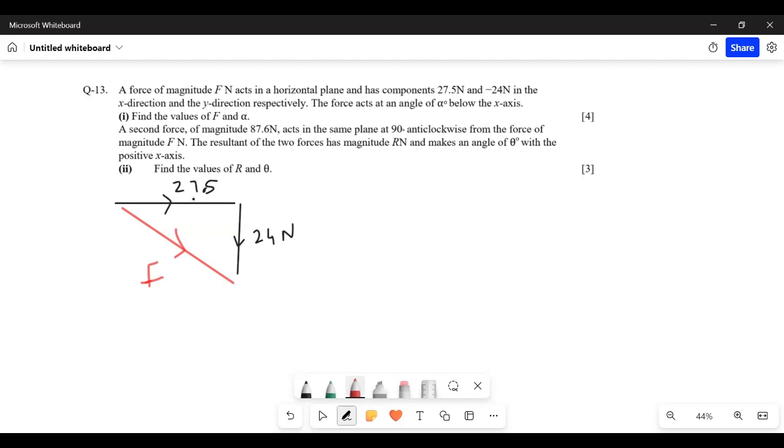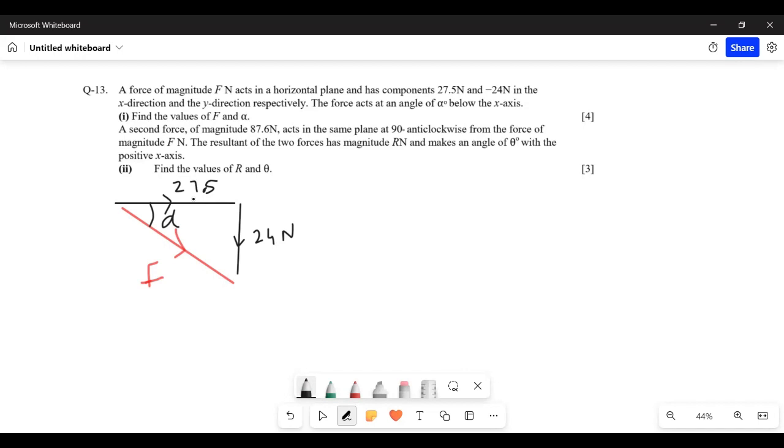Find, it says the force acts at an angle of alpha degree below the x-axis. That means this angle is alpha. Find the value of F and alpha.